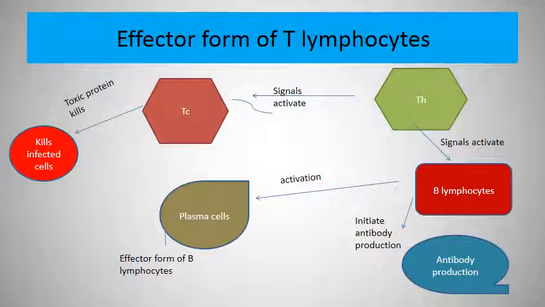These plasma cells undergo a lot of proliferation to form a clone of cells, and then they secrete antibodies into the blood which can take action against the pathogen. So remember that the B lymphocytes don't kill the cells, but they mark the cells for inactivation and destruction.